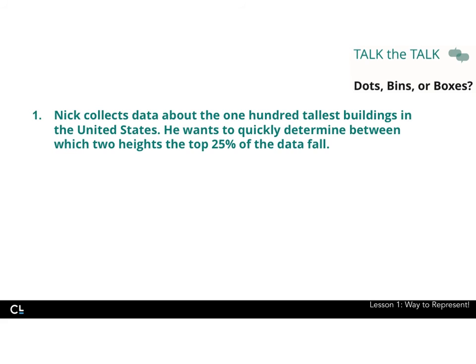Okay, so Nick collects data about the 100 tallest buildings in the United States. He wants to quickly determine between which two heights the top 25% of the data fall. Would a dot plot, histogram, or box and whisker be best to show this?